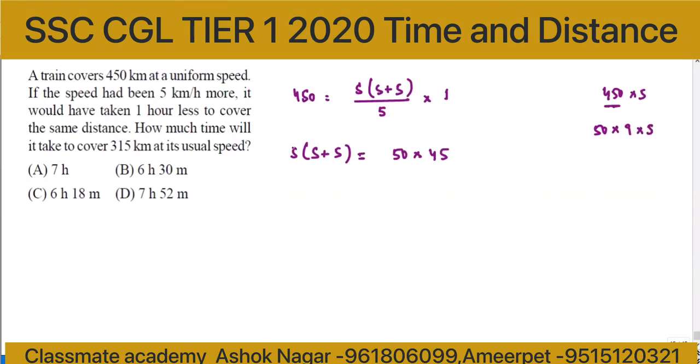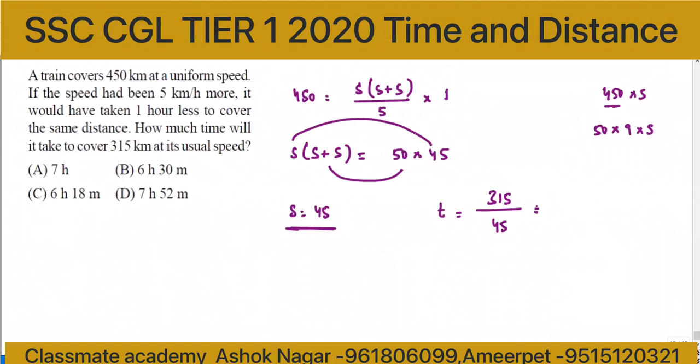So the usual speed is 45, then S plus 5 is 50. Therefore, what is the speed here? 45. How much time will it take to cover 315? 45 sevens are 315. Simply 7 hours.